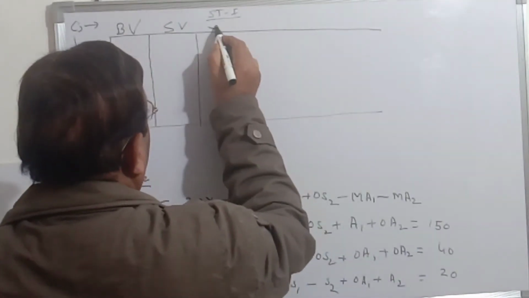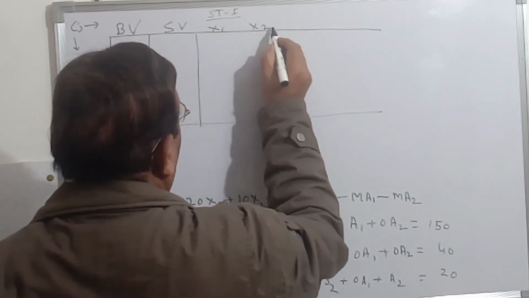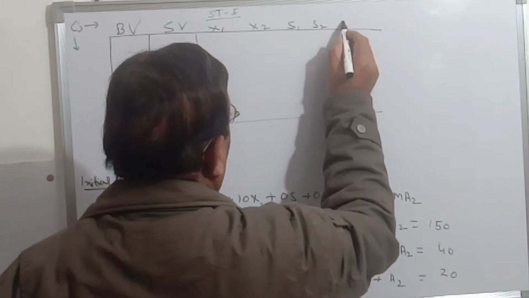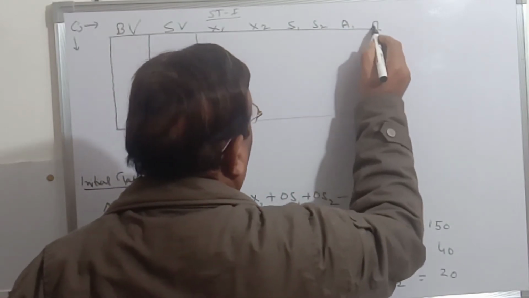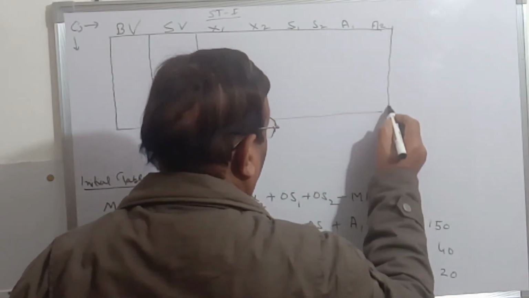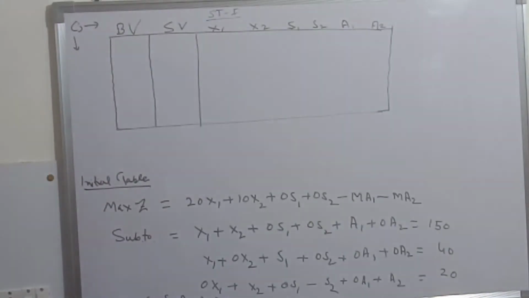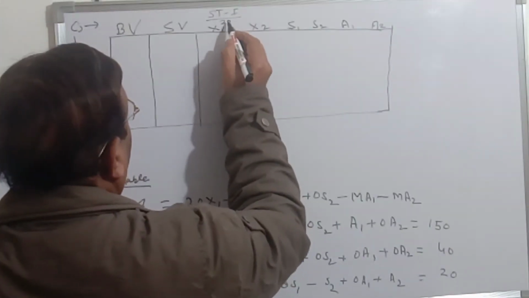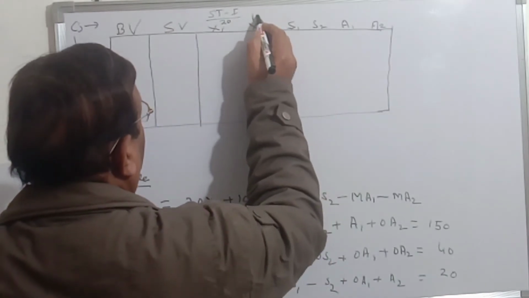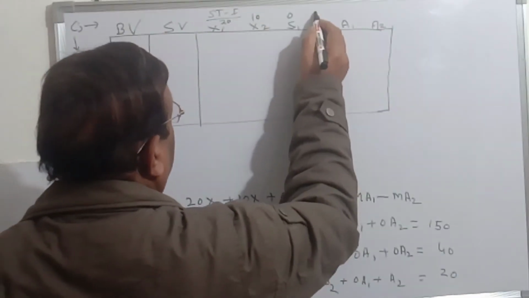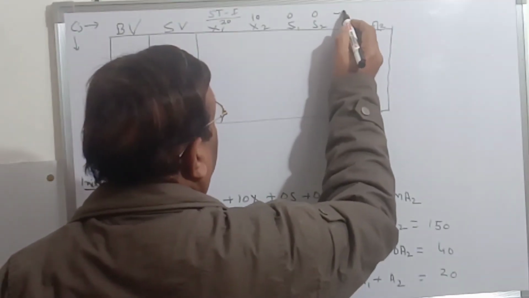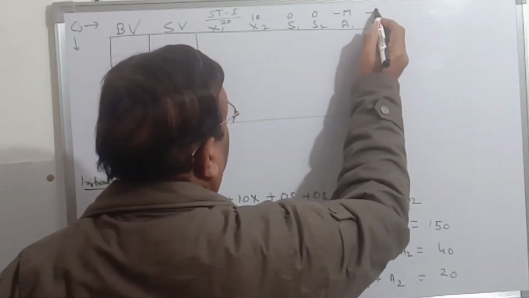Here it is x1, x2, s1, s2, a1, a2. So here it is 20, 10, 0, 0 from the objective function, minus m, minus m.